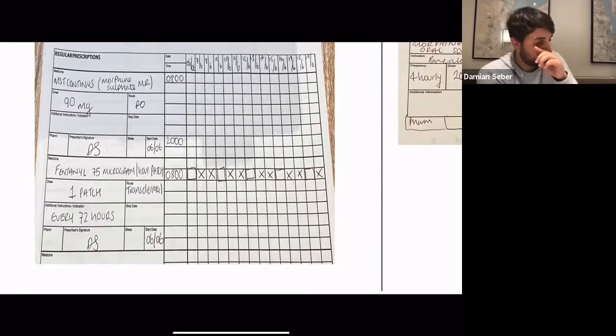And if you're unsure if it's modified release, standard release, or whatever, go to morphine in the BNF, scroll down to medicinal forms. It's right at the bottom. So scroll down to medicinal forms, find the medication you want. So morphine sulfate tablets, continuous, and it'll tell you that it's morphine sulfate modified release.